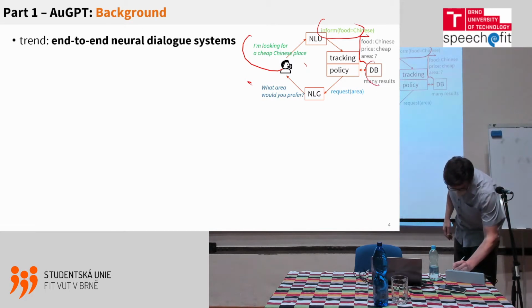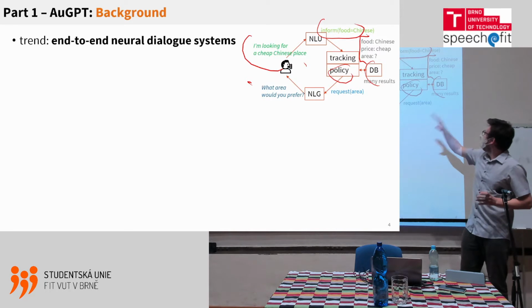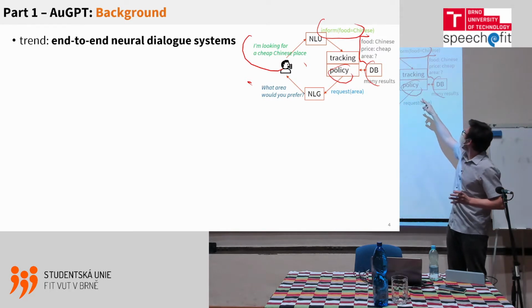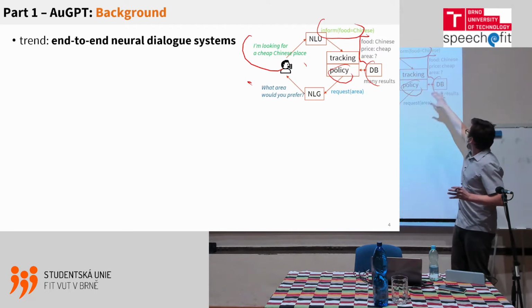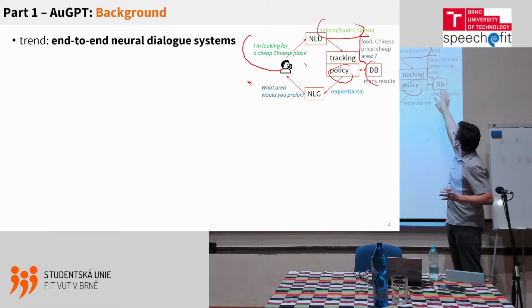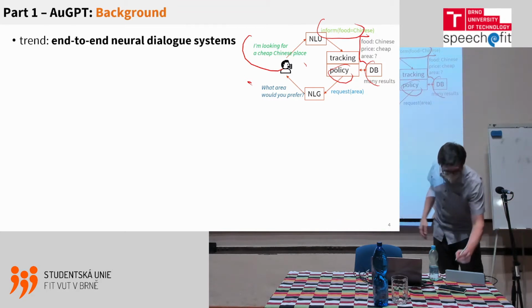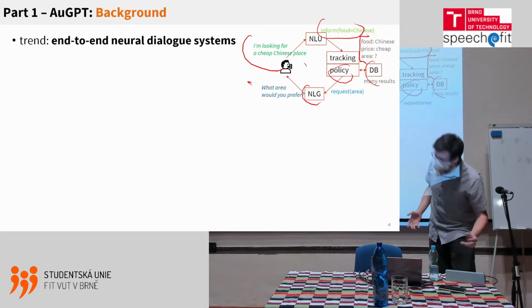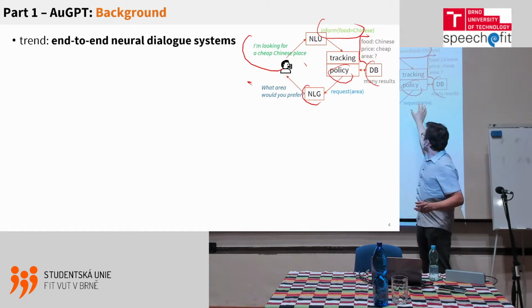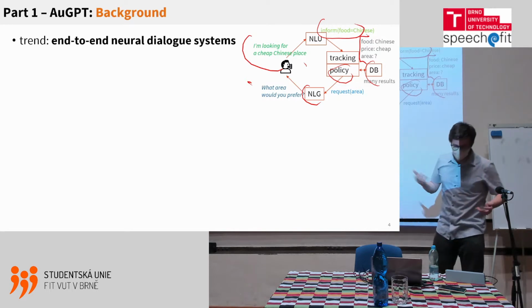And then you have a database and a dialogue policy that decides what to do next. So in this case, the user said that they want a cheap Chinese place. The tracking got that, but the policy decided that there are too many results in the search and it still needs to know the area, so it decided to request the area. And the final step is natural language generation, which converts this semantic representation back to natural language.